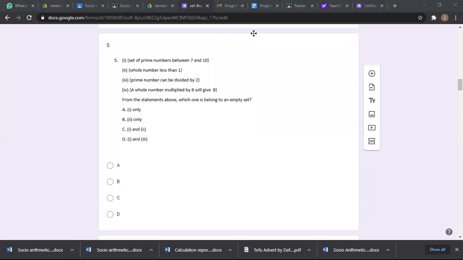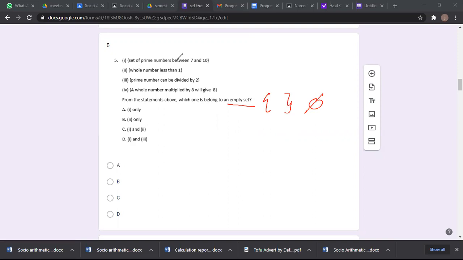Think about the empty set. The empty set is a set that doesn't have any member, so usually they write it as a symbol. Look at the sentences.